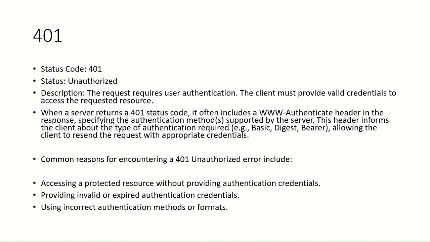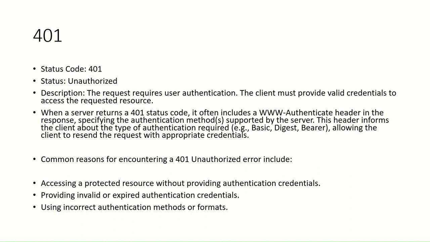Okay, so when a server returns a 401 status code, it often includes a WWW-Authenticate header in the response specifying the authentication method supported by the server. This header informs the client about the type of authentication required, like basic, digest, bearer, allowing the client to resend the request with the proper credentials.